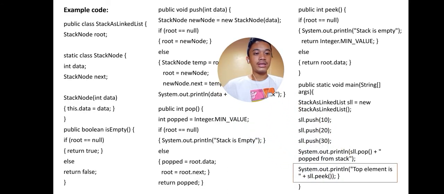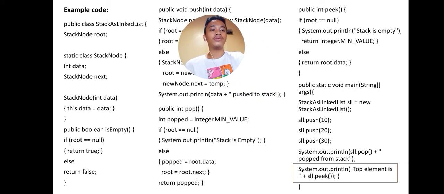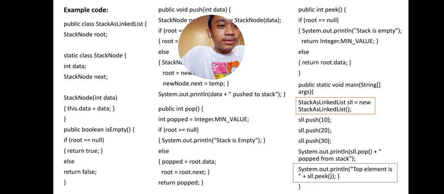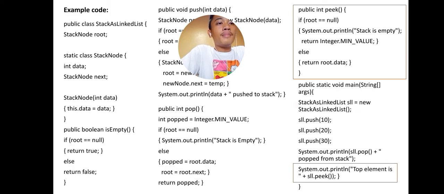Next is system.out print top element is sll.peek. So we have our new method. We'll call the new method. SLL dot peek will call the object creation stack as linked list SLL, and we will access the public int peek method.